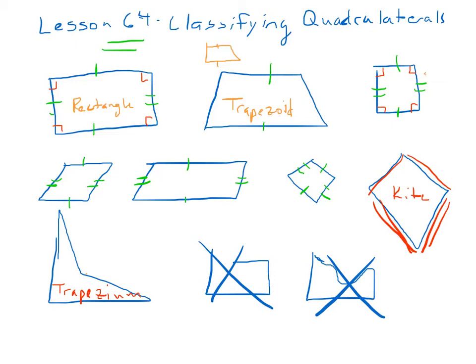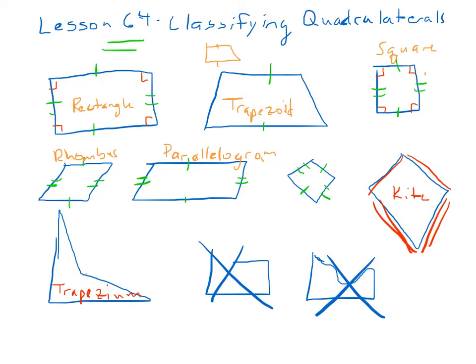All right, this figure over here, square, all sides are equal in length and they make right corners. Over here, a rhombus, all sides are equal in length, however the corners are not square. And here we have a parallelogram.